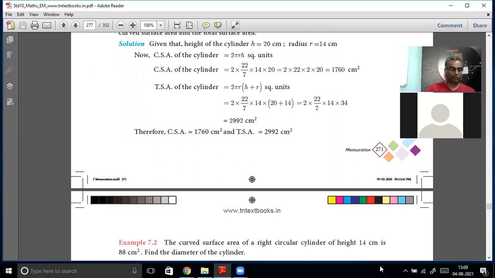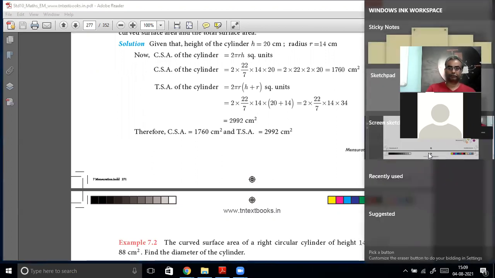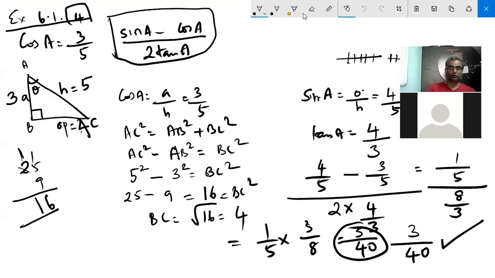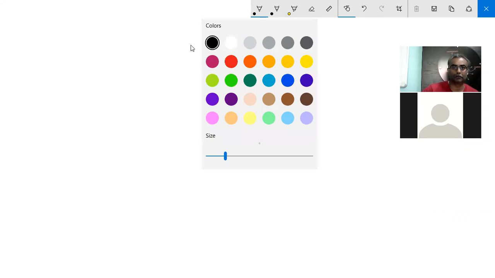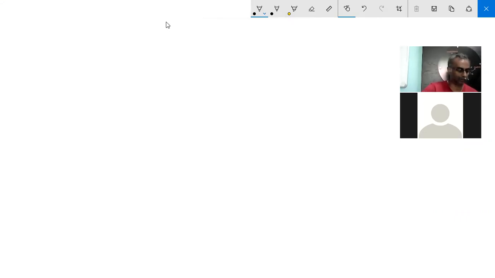Find the diameter of the cylinder. So let us first draw the cylinder.